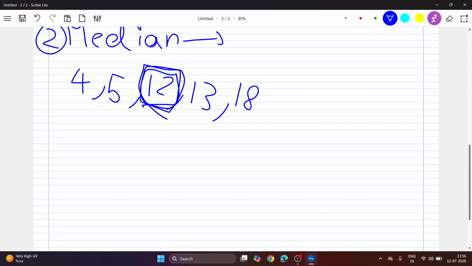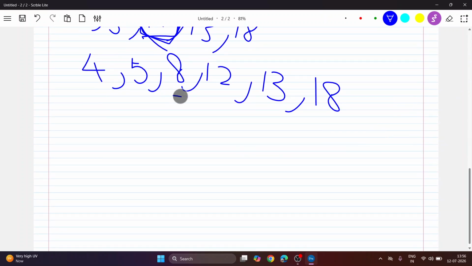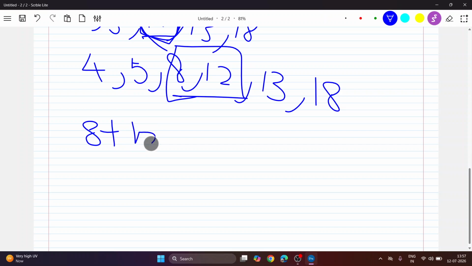What if we had two middle values? So here we have two middle values, right? So now you find the mean of the two middle values, that is, the average.